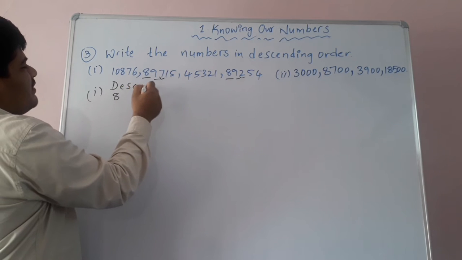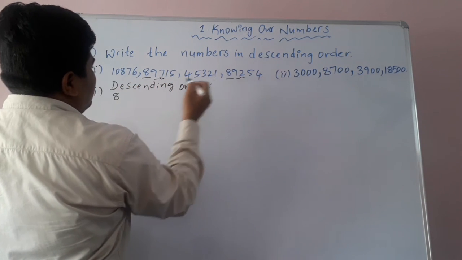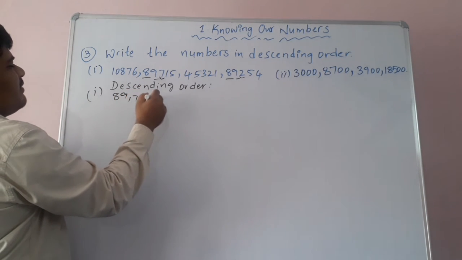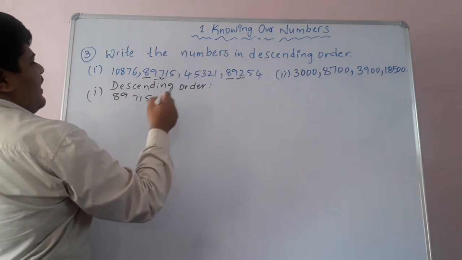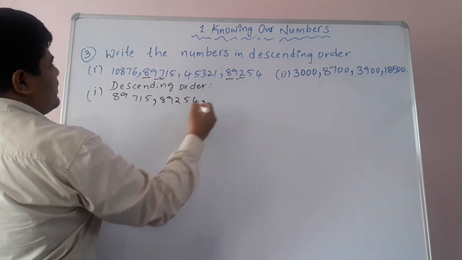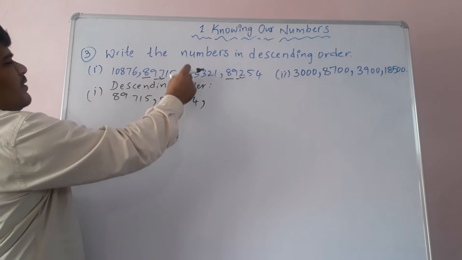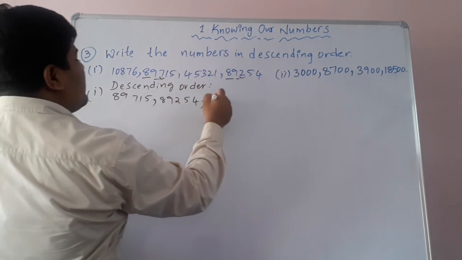So 89,715 is the first number, 89,715, comma, 89,254. Now the next number, children. Now 45,000, 10,000. So 4 is the big digit. So you can write this number as third.